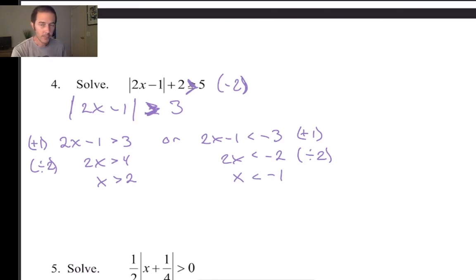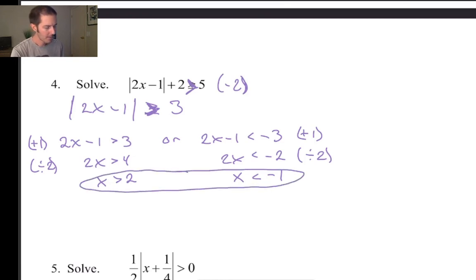We're getting pretty close. I don't think you would ever present your final answer like this. So maybe I'll just circle them instead of putting a box around them. I would say that this definitely needs to be put on a number line. Let's see what it looks like. I have a -1. I have a +2. And as far as the +2 is concerned, this says that we like all of the x values that are greater than 2.